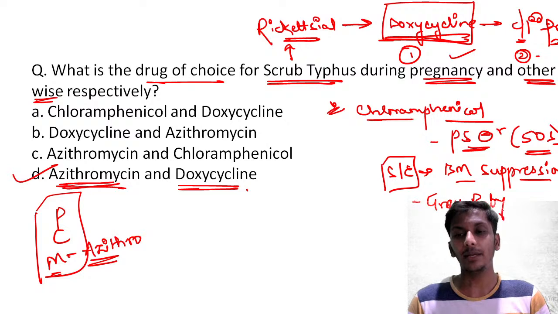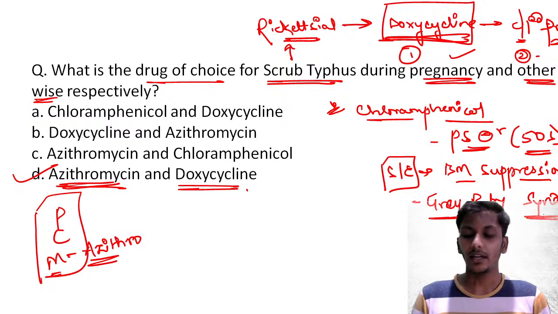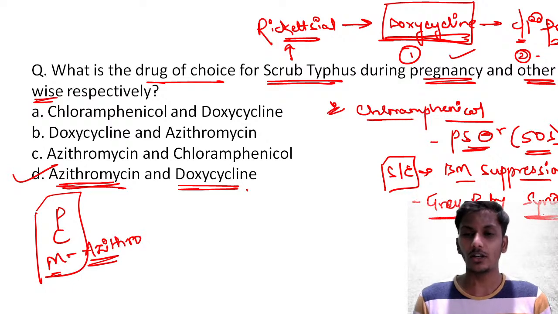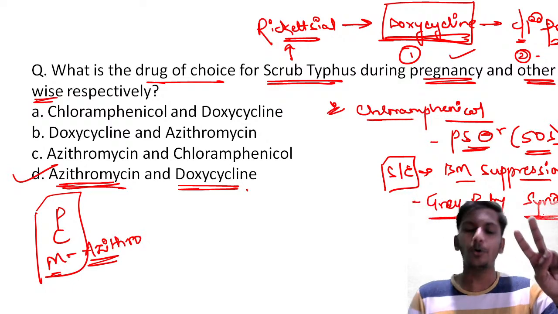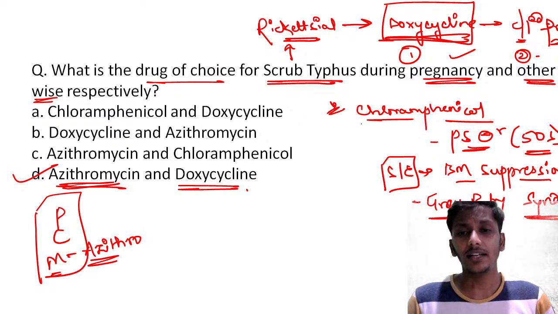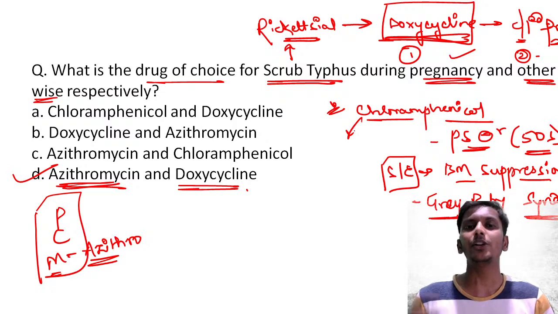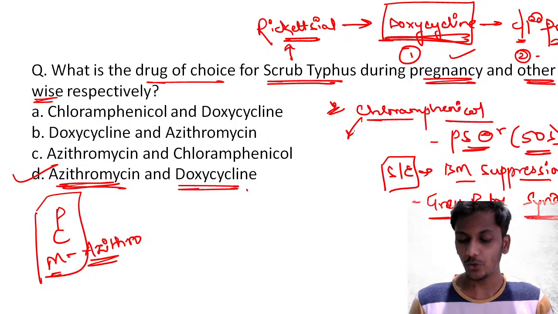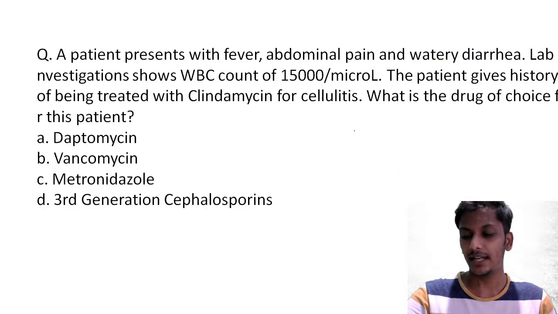Why is it known as grey baby? Because chloramphenicol can lead to diffuse cyanosis. Therefore it is known as grey baby syndrome. Chloramphenicol causes bone marrow suppression and grey baby syndrome. It is used in cases of meningitis or anaerobic infections. Just remember these things. I hope now this is clear to you, and we can proceed with the next question.